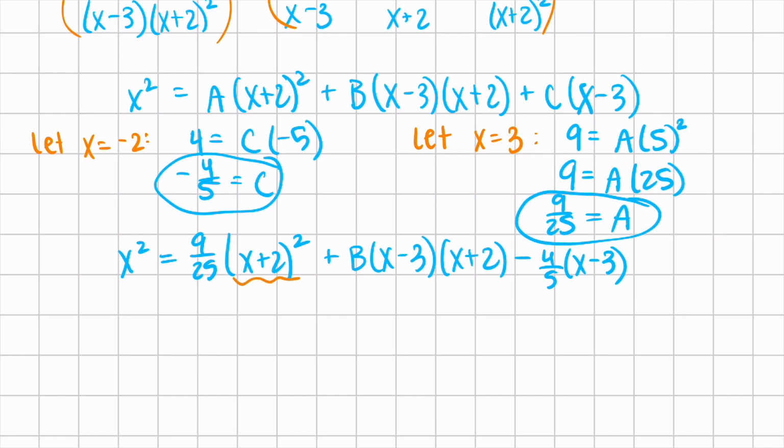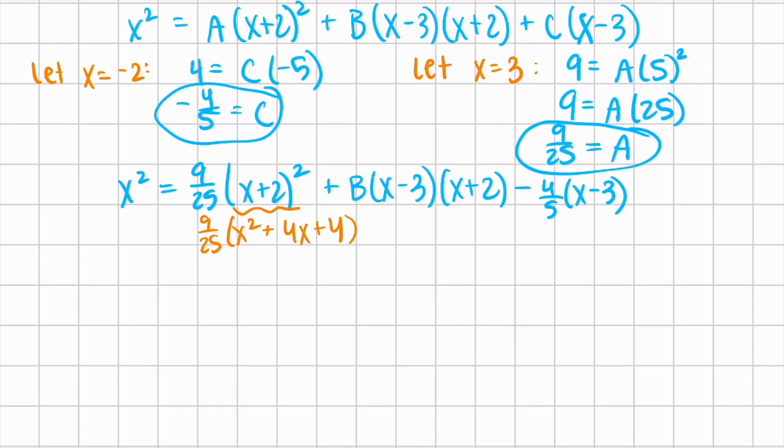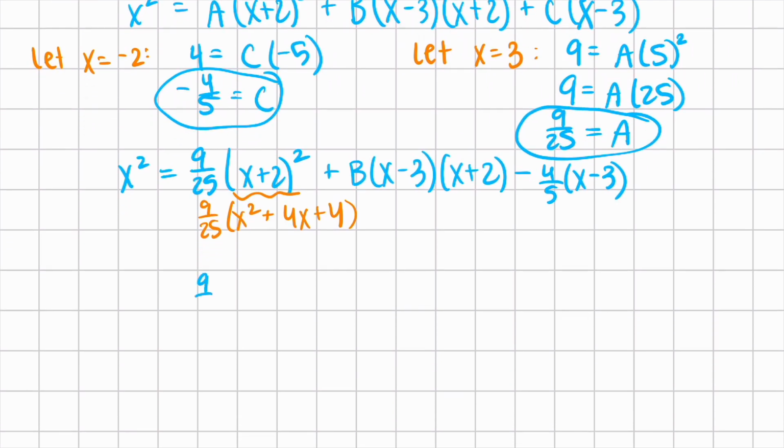When I multiply this out, I'm going to get x squared plus 4x plus 4, and I have the 9 over 25 out front. So my x squared term is going to be 9 over 25 x squared, and I have x squared over on the left. When I multiply out the B term, I'm going to get B times x squared, and then minus x minus 6. So this is going to be plus Bx squared.